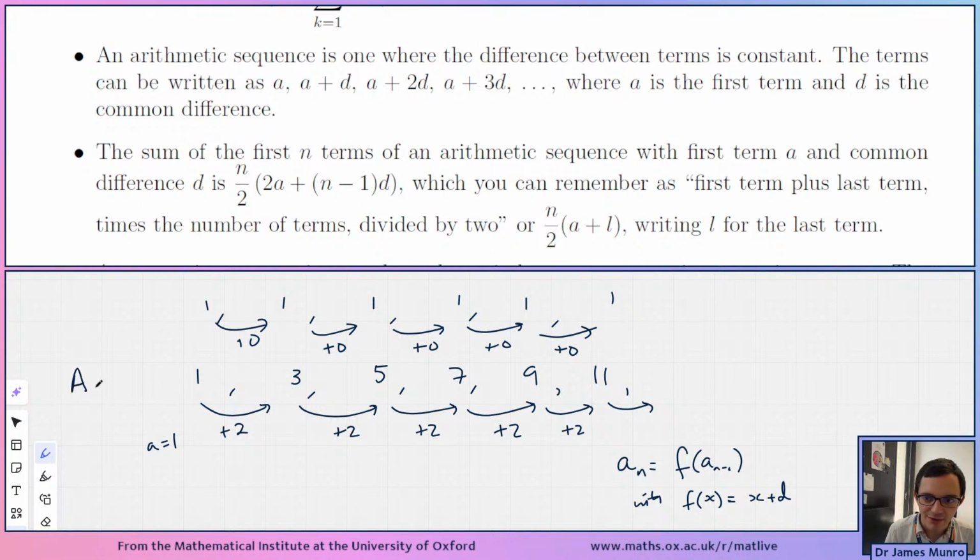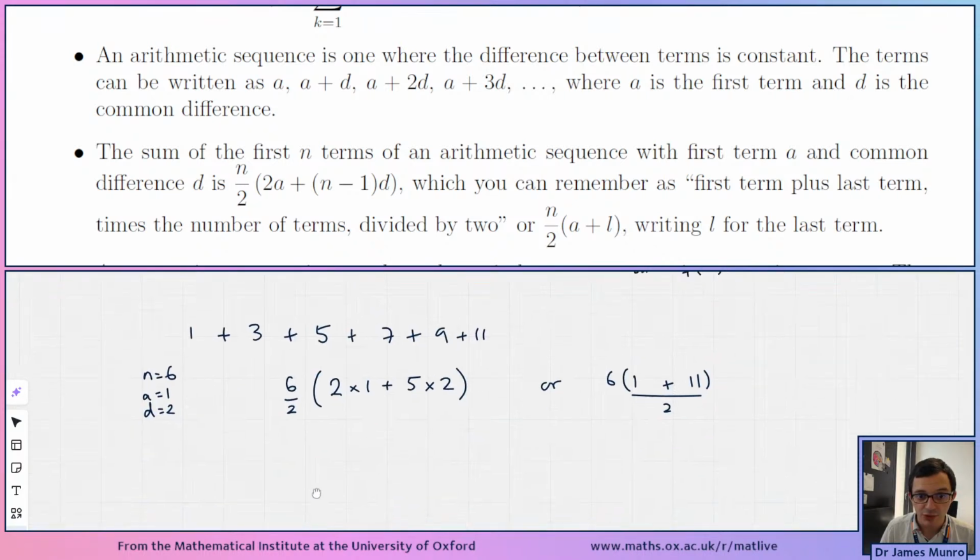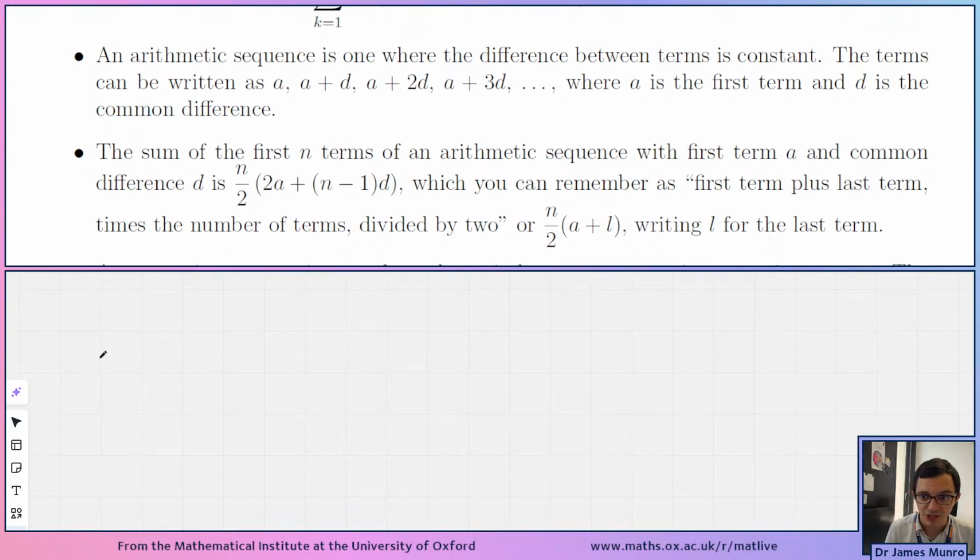So this was an arithmetic progression, or arithmetic sequence. I'm going to flip between the two, sorry. We've got this idea that it's arithmetic. Another sort of sequence that I want you to know about is called a geometric progression, or geometric sequence.